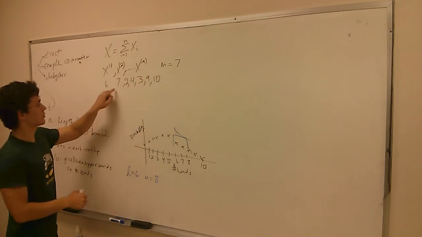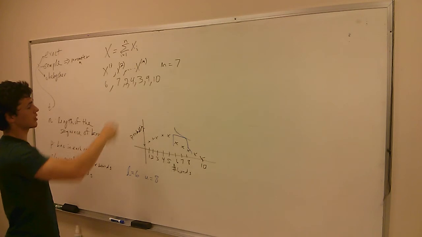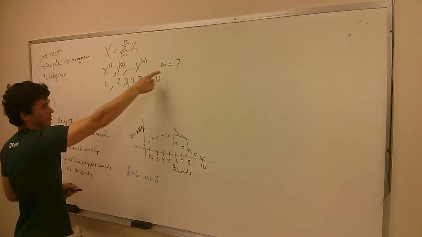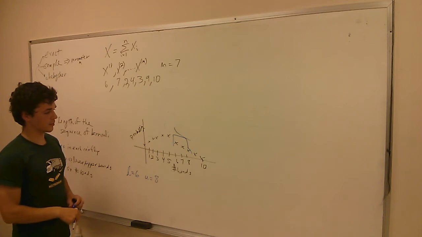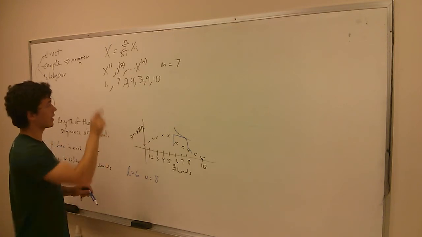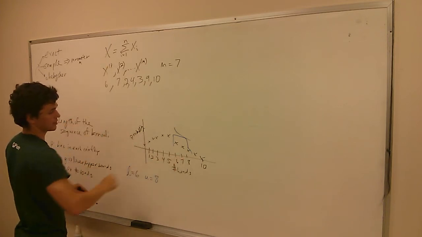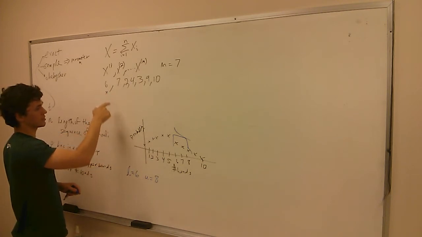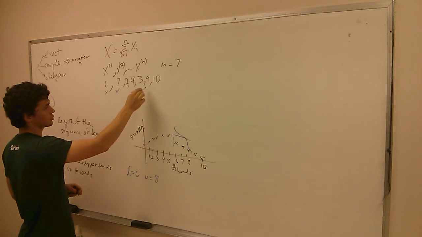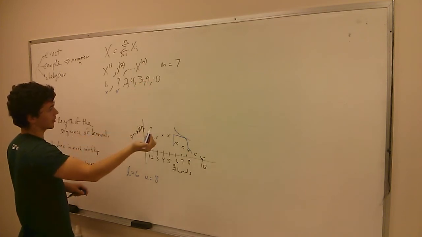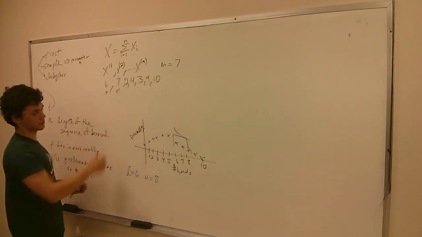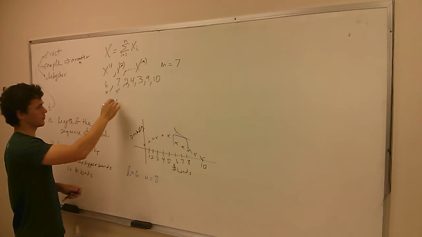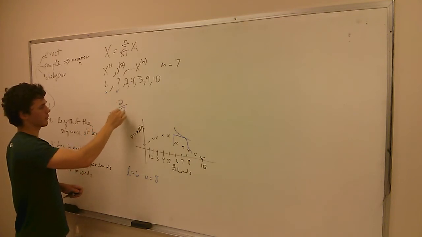If we wanted to approximate, based on a sample of 7, the probability that x is in the range 6 to 8, we would count the number of these that are in that range. 6 is in that range, 7 is in that range, 9 and 10 are not in that range. So the only two in this range are 6 and 7. Our empirical approximation of this probability is 2 divided by 7.